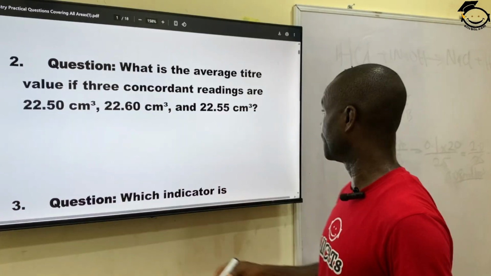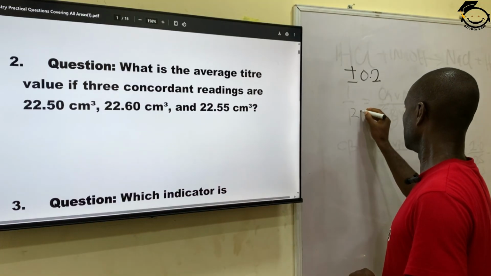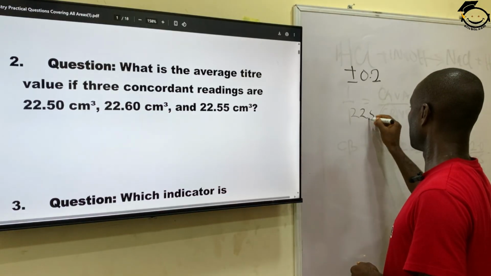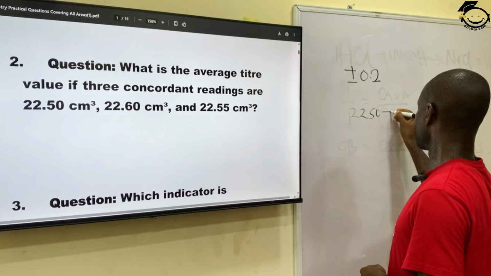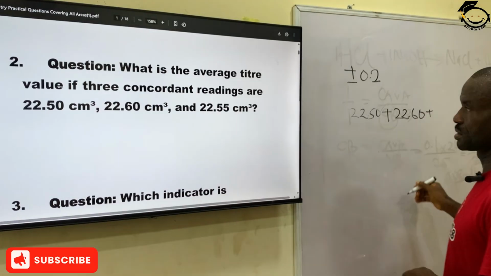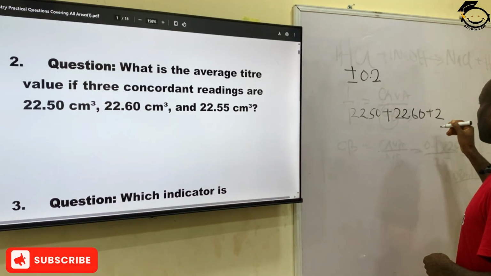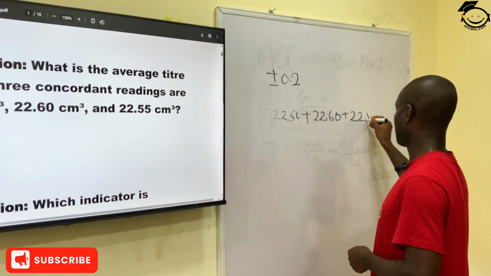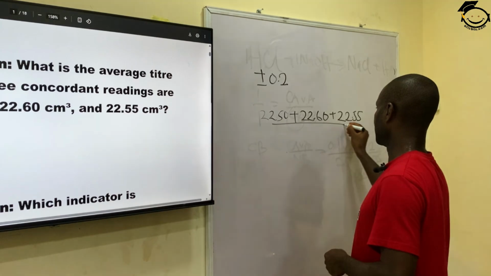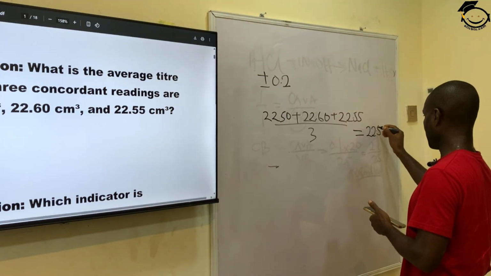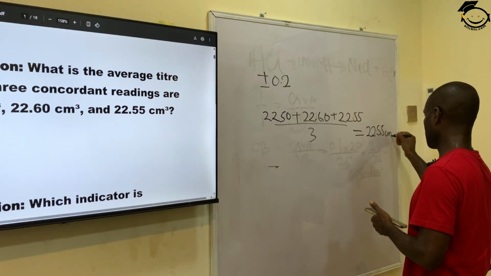You take the average of the 3, which is 22.50 plus 22.60 plus 22.55 over 3, 22.55 cm3. Answer.